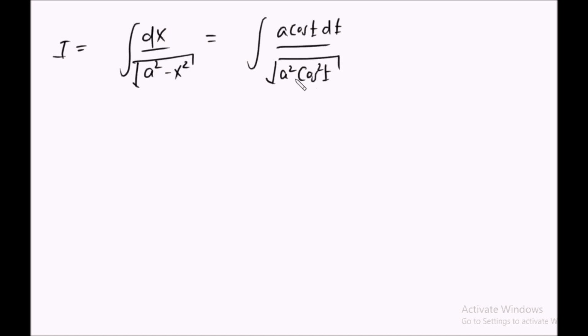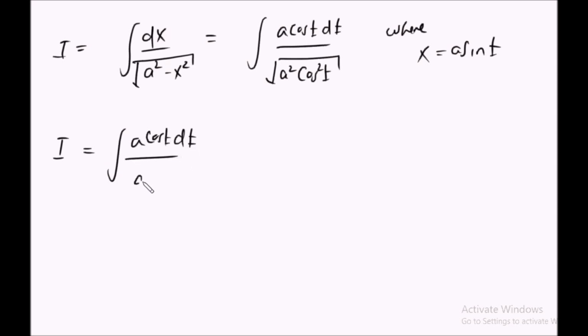So nikitafuta square root here, so okay, don't forget kwamba tulilete x sawa na a sin t. Don't forget that one, it's very simple. So nikitafuta square root ya a squared cos squared t, my I now is just going to be a cos t dt over huku chini square root manake ni a cos t. So there you go.